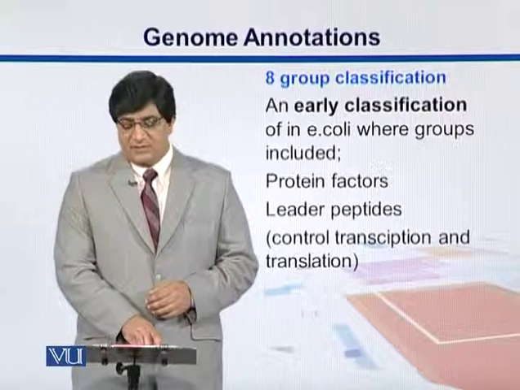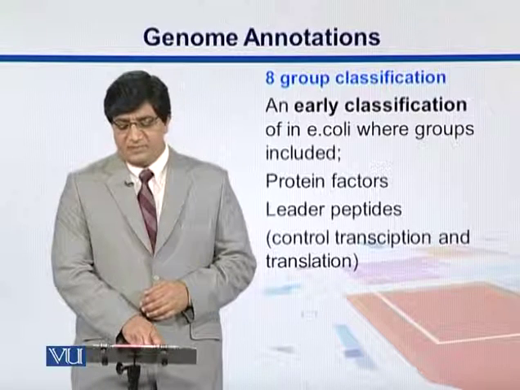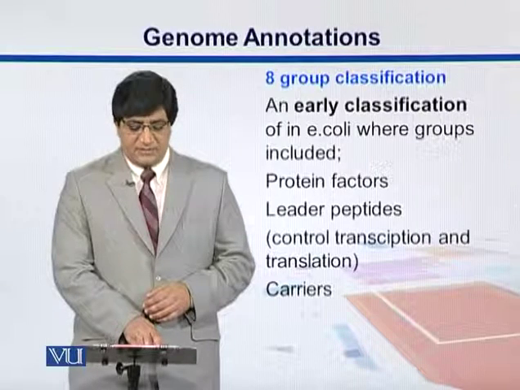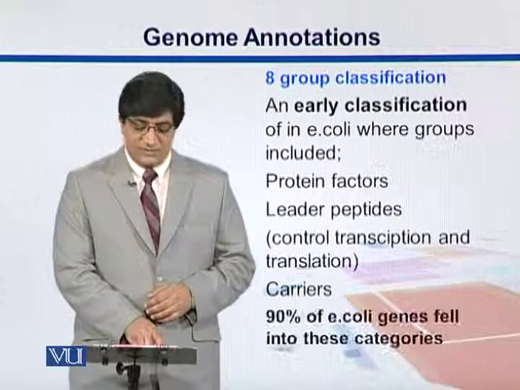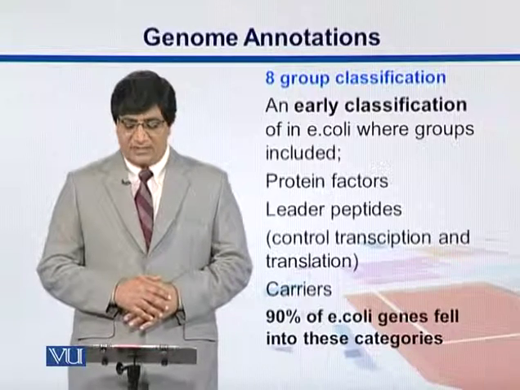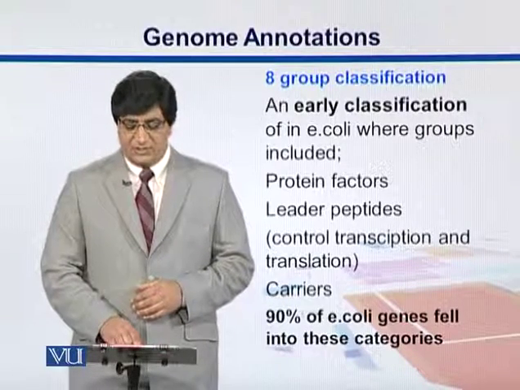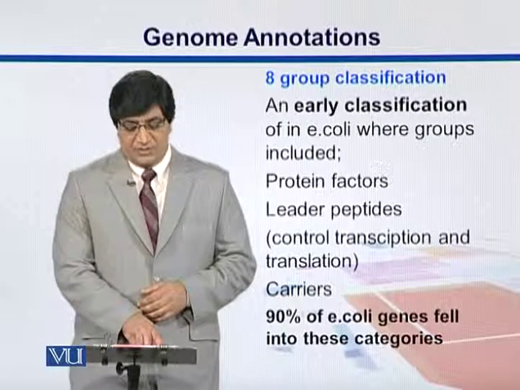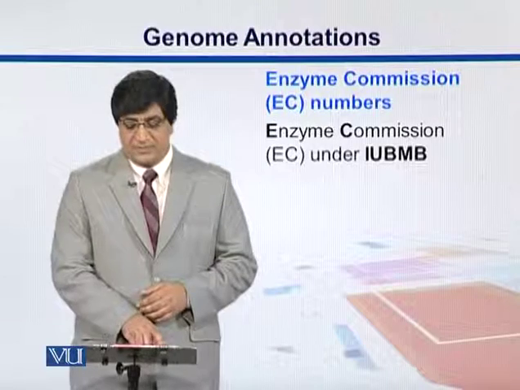These leader peptides actually control transcription and translation, and then we have carriers, transporters. So in this way, scientists have seen that 90% of the E. coli genes fit into these categories. So their annotations can be explained.